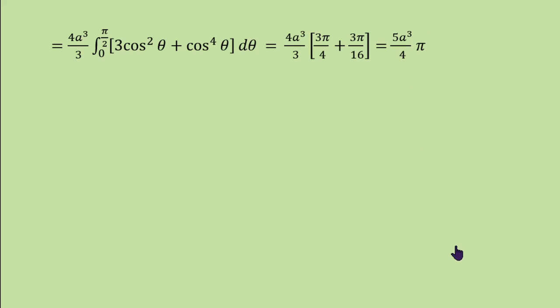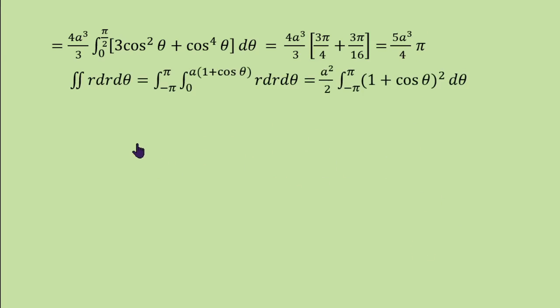So that is the numerator of x bar, and we know that y bar is 0. Hence the denominator of x bar is the double integral r dr d theta. Integrating with respect to theta from minus pi to pi, for every theta r varies from 0 to a into 1 plus cos theta.